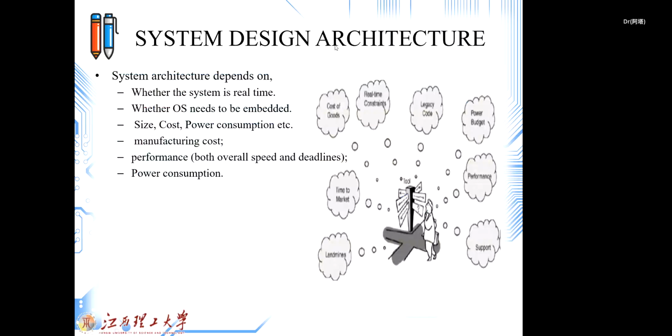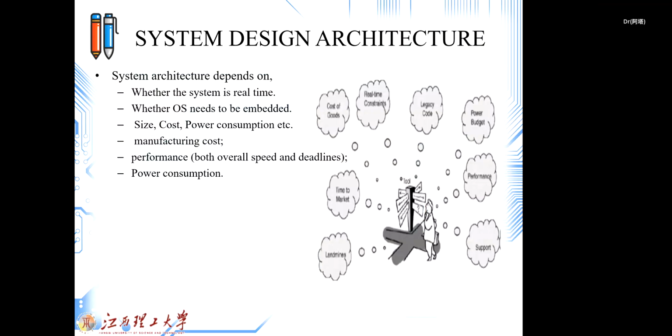First, let us see what system design architecture is. The system design architecture that you select will depend on whether the system is real time or not, whether the OS needs to be embedded or not, size, cost, power consumption, etc. These are the factors which help you select the architecture.